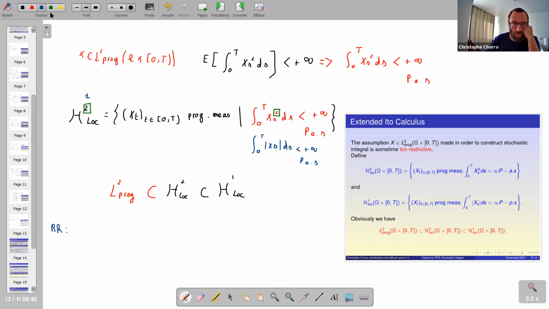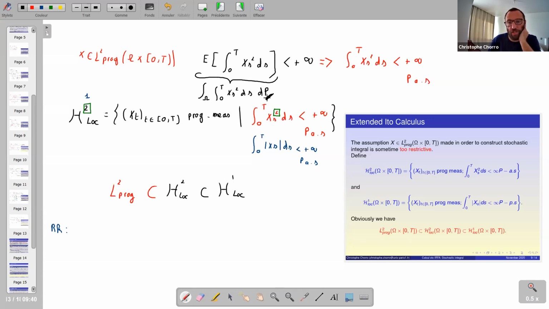So here, my expectation, I can write this expectation as an expectation with respect to the probability P. I can write this one as the integral over omega, it's like a double integral because it's the expectation of the integral, X_s squared ds dP. So be careful because you have here something that strongly depends on the choice of P.